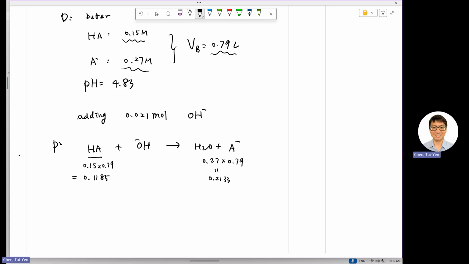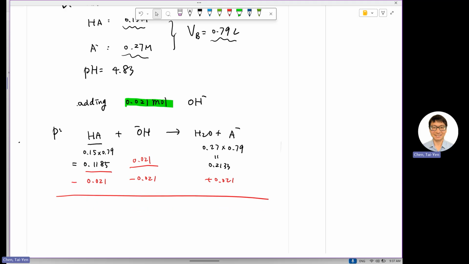Inside this question, it says I add in 0.021 mole of strong base. Apparently, they are going to cancel each other. Since your OH minus is the smaller amount, it will be fully consumed.